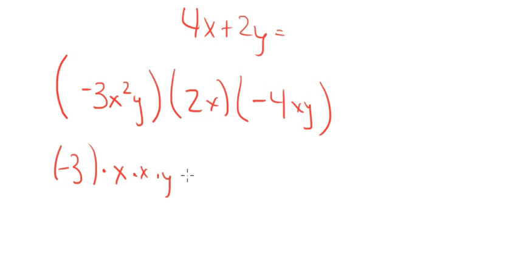Then we multiply that by the positive 2, and that's being multiplied by x. And then we multiply that by the negative 4 times x times y. That's the longhand version.